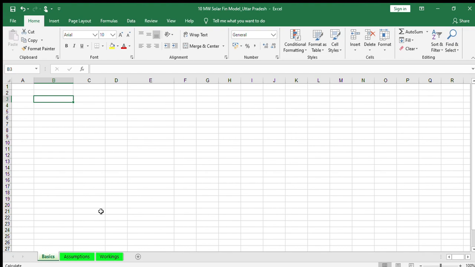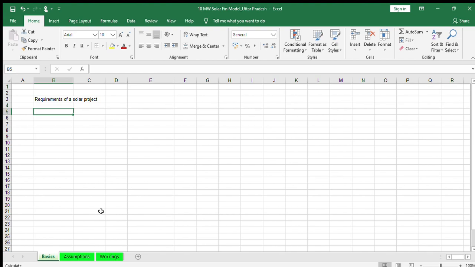Once you complete this course, you will be able to see how to run this model. To start, the first thing is to understand what are the requirements of a solar project.